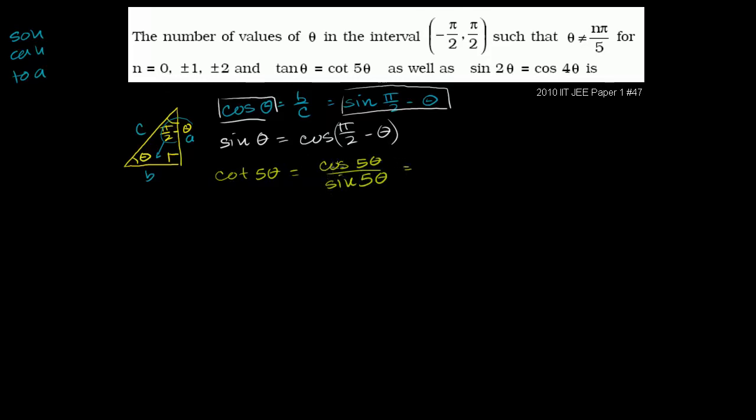I can convert the cosine into sine using this identity up here. This is the sine of pi over 2 minus 5 theta over the cosine of pi over 2 minus 5 theta. Here, I'm just using this identity over here. And this is the exact same thing as the tangent of pi over 2 minus 5 theta.